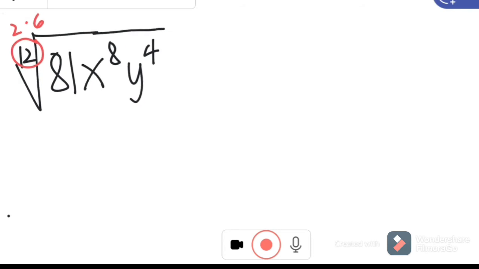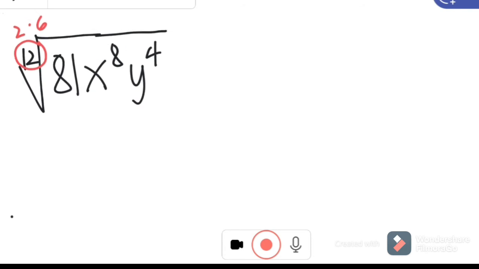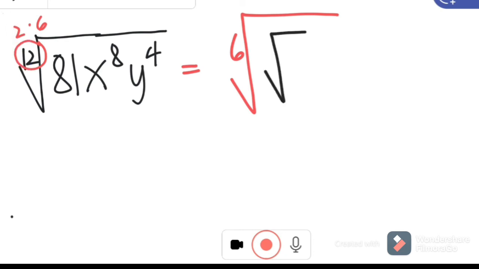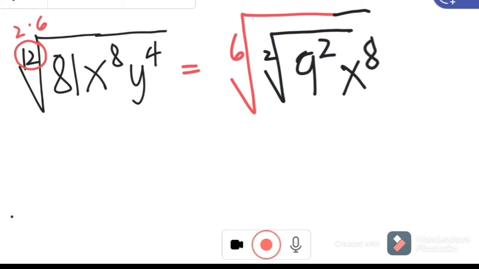So let's use 6 as index outside and 2 as the inner index. So let's try the 6th root and then inside the square root. Square root of 81, that is 9 squared, right? And then x raised to 8, which is divisible by 2, and y raised to 4.